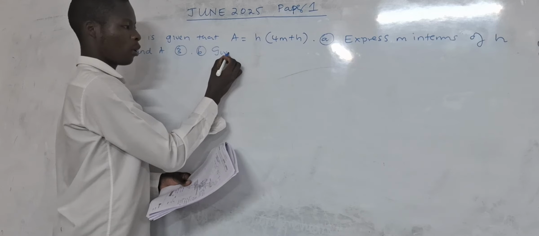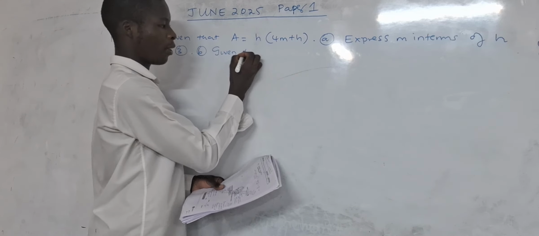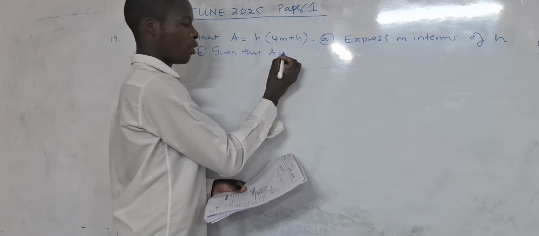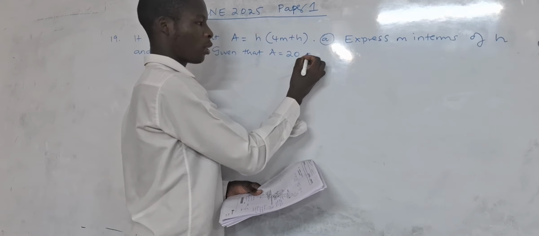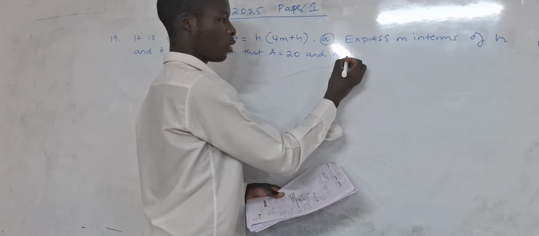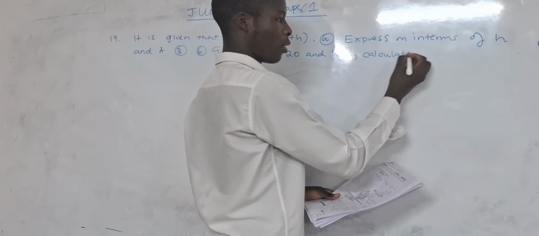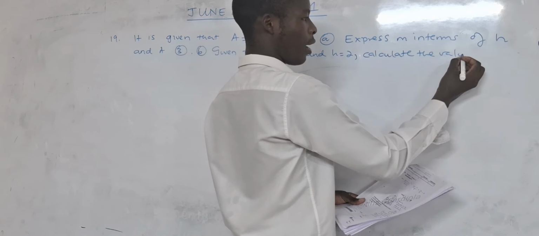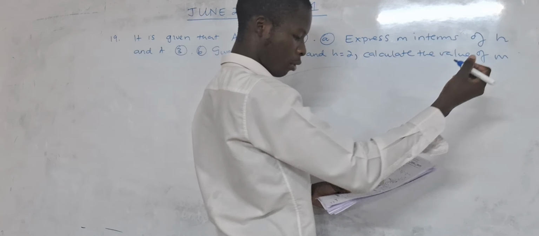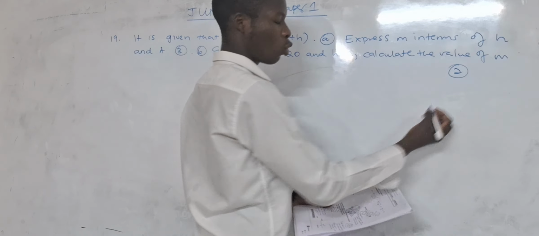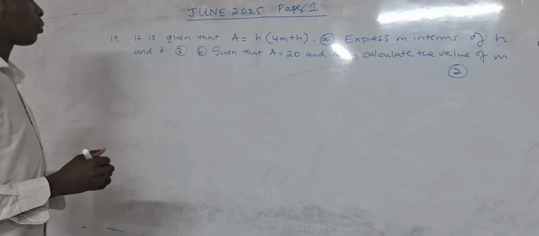B. Given that A is equal to 20 and H is equal to 2, calculate the value of M. This is a 2-mark question.